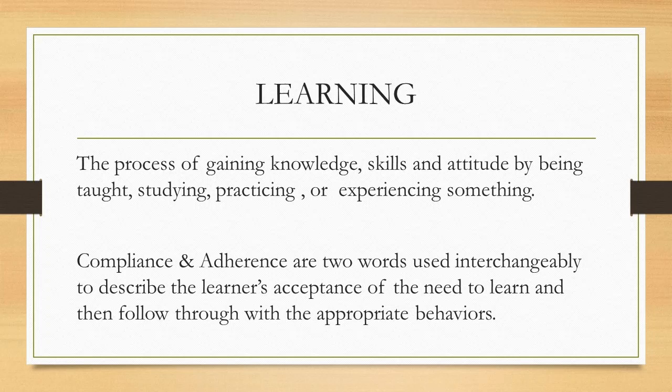An important aspect of learning is the individual's desire to learn and to act on the learning, referred to as compliance. Another term used is adherence, which means a commitment or attachment to a regimen. Compliance and adherence are two words used interchangeably to describe the learner's acceptance of the need to learn and then follow through with an appropriate behavior.